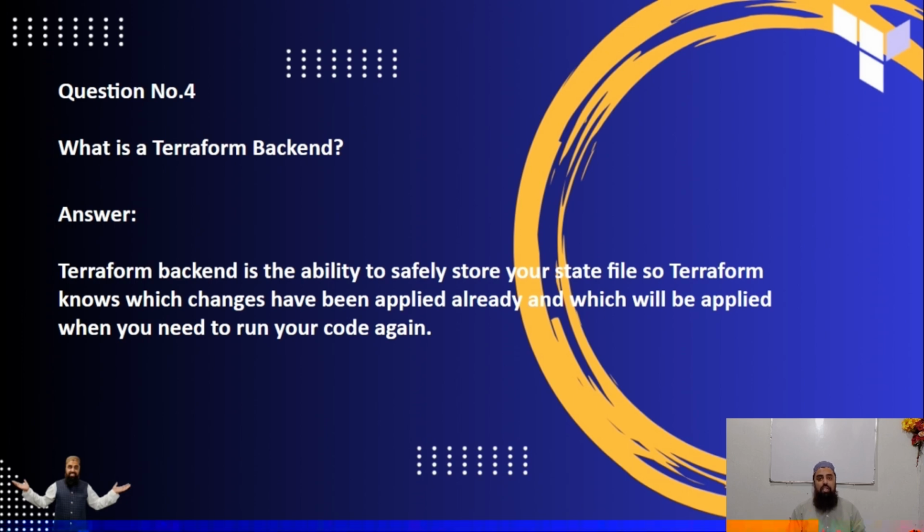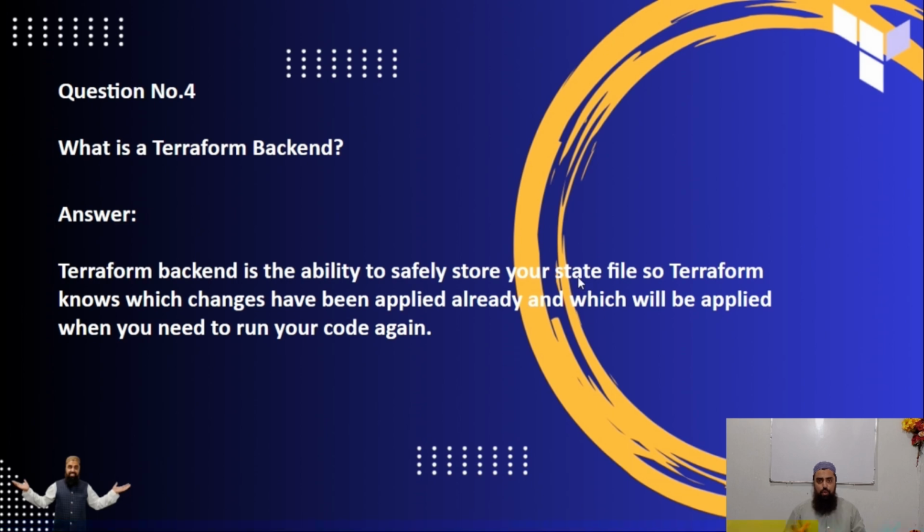If we have a Terraform state file on a remote location, like we had in a blob container on Azure or a storage bucket in GCP, Terraform will look at the backends, and this is actually the place where we store our Terraform state file.